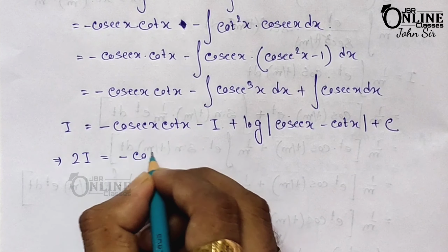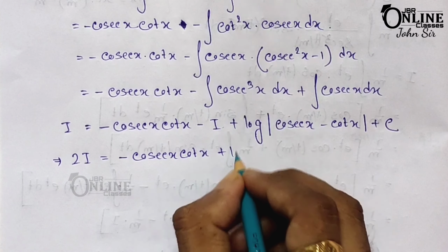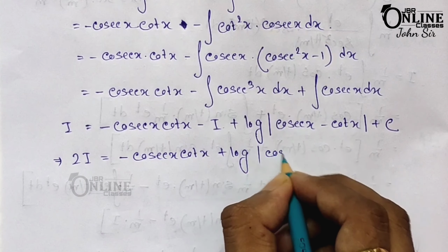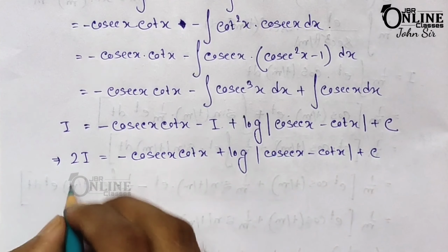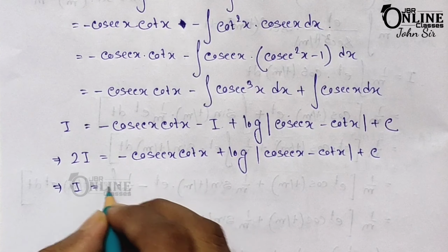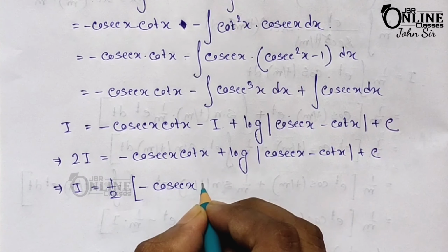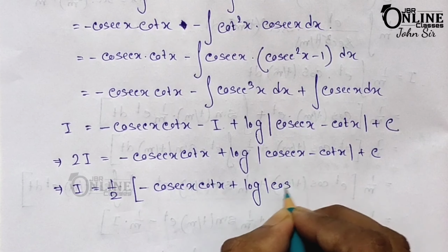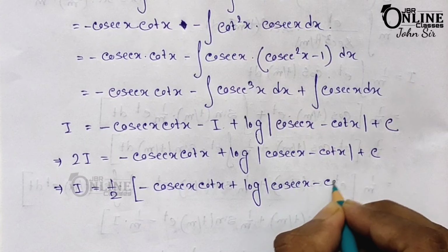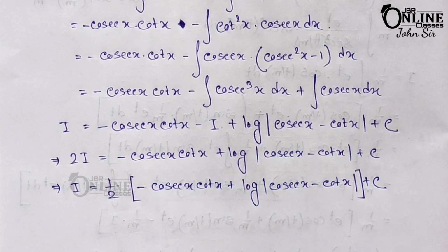So 2I equals minus cosec x cot x plus log of cosec x minus cot x plus c. So now I equals half, then minus this one, so log of cosec x minus cot x plus c.